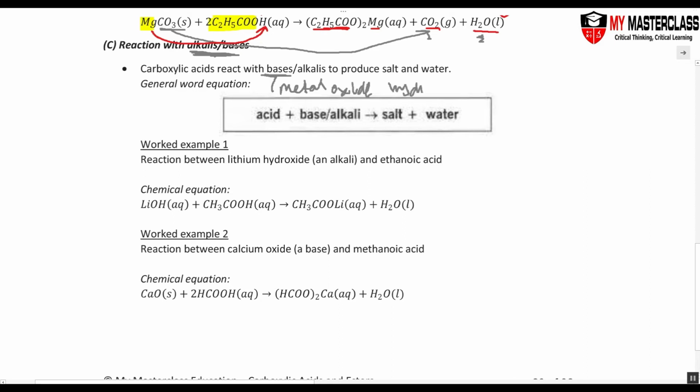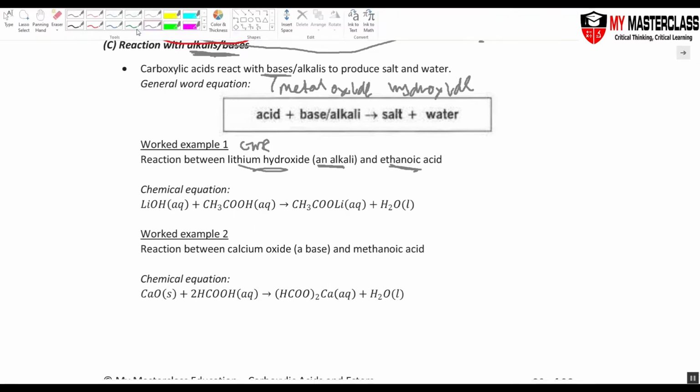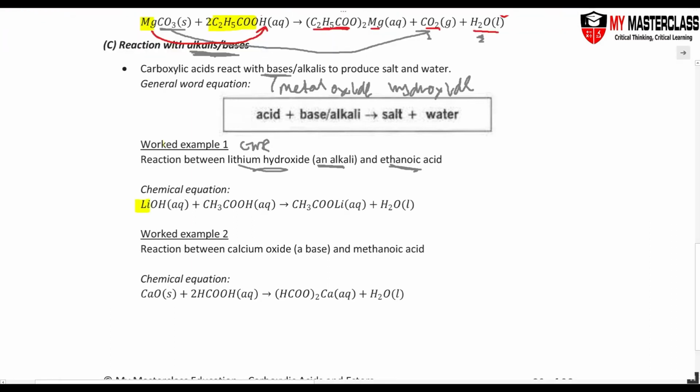Hydroxide is very important. Okay, so lithium hydroxide, because this is group 1, is an alkali, and ethanoic acid. Take the metal lithium, kick out the H plus.